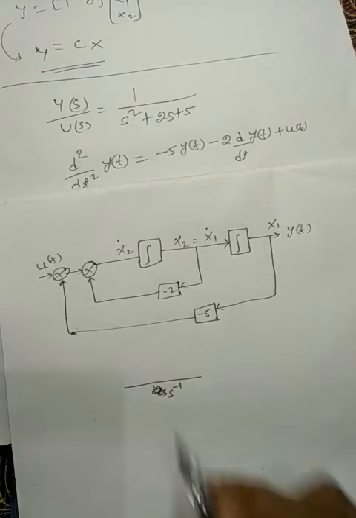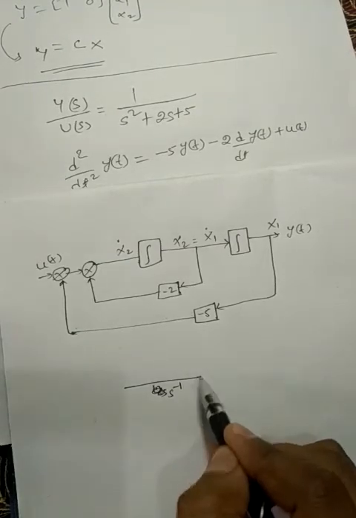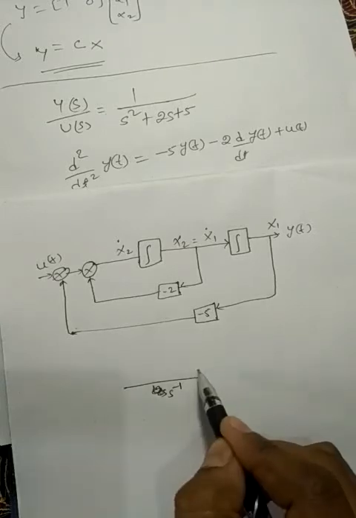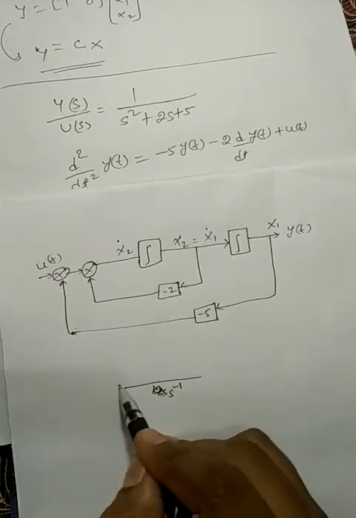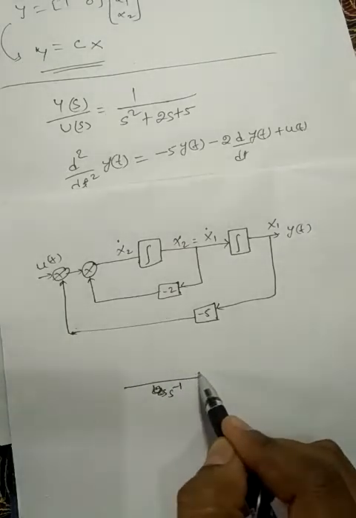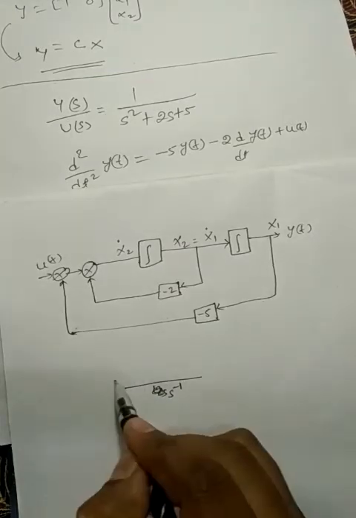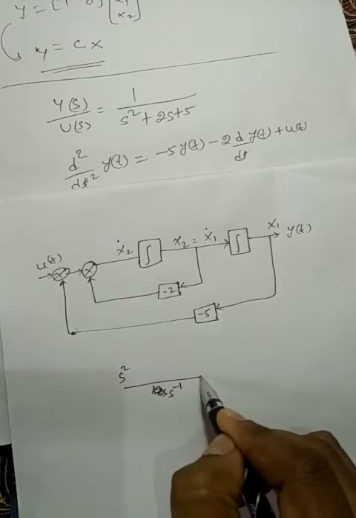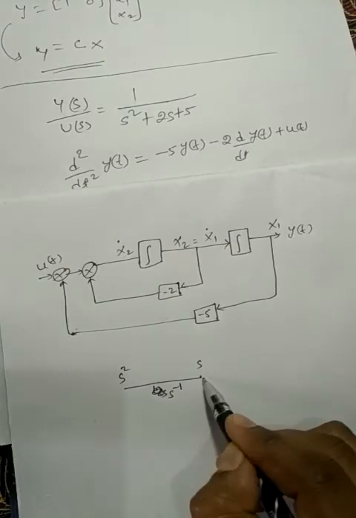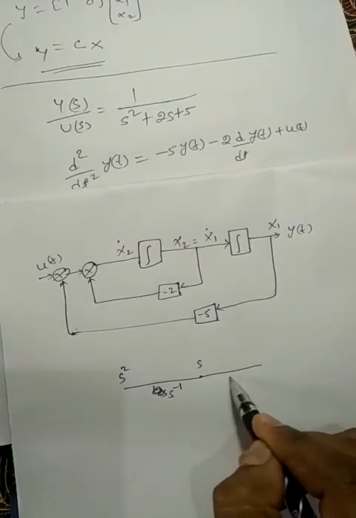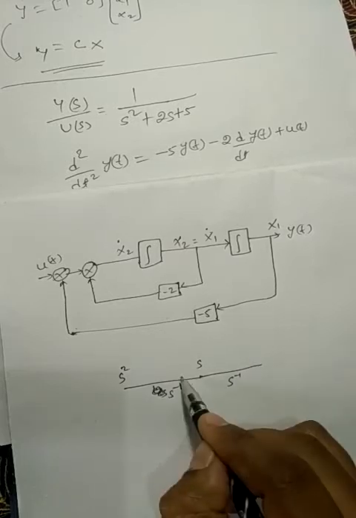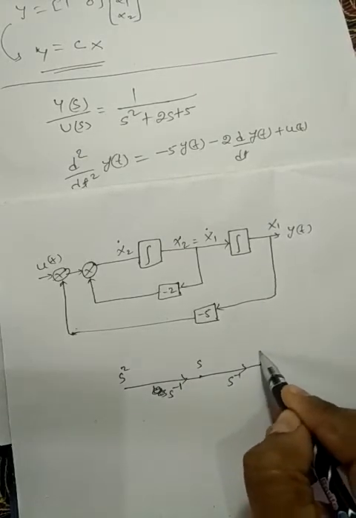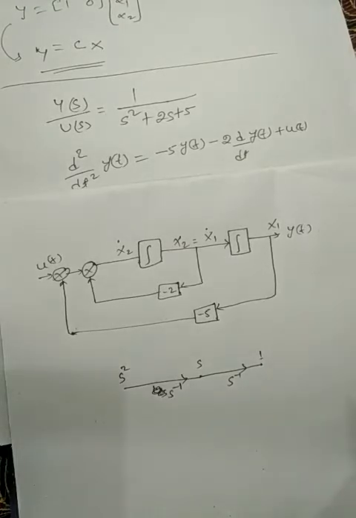If here we have S inverse, it means if here we have S cube, then what will we get here? S square. If here we get S square, then what will we get here? S. So here we will have S square and here we will have S. Again an integrator S inverse, and here we will have 1, right?